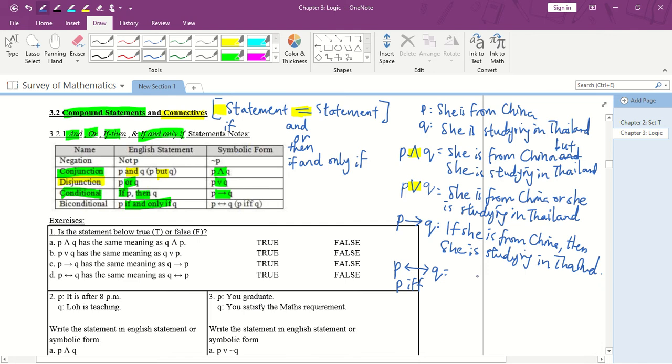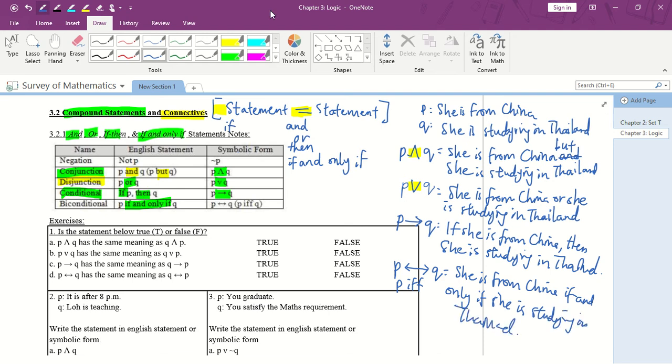In this situation the compound statement will be: she is from China if and only if she is studying in Thailand. This is what we call a biconditional, because bi means two, meaning it has two ways. One arrow with two ways. We use the two-way arrow sign, or you can use IFF.